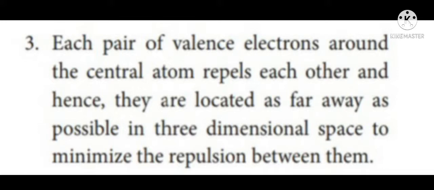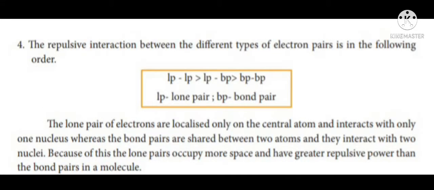Fourth point, the repulsive interaction between the different types of electron pairs is in the following order: lone pair-lone pair is greater than lone pair-bond pair, which is greater than bond pair-bond pair. It is shown here.